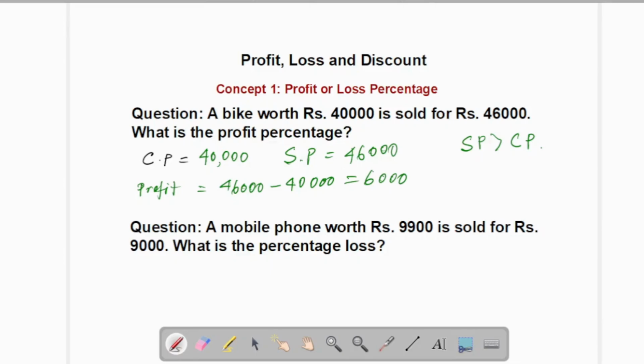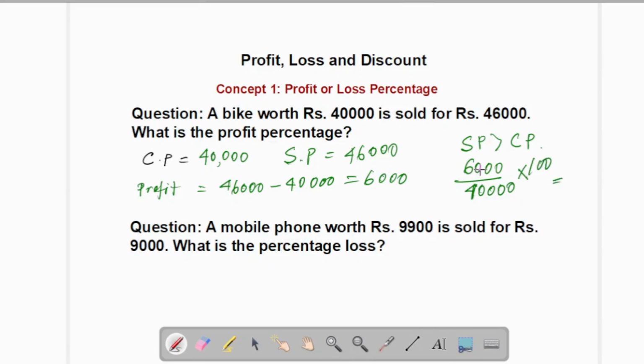Now what is the percentage of profit? As per the formula, the percentage of profit is 6,000 divided by the cost price, which is 40,000, into 100.